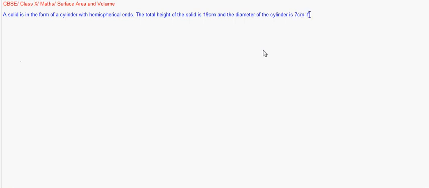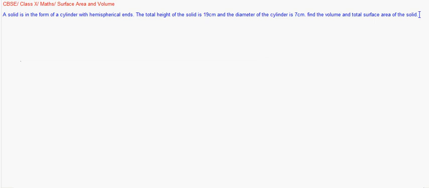Find the volume and total surface area of the solid. It also informs us to take pi as 22/7.